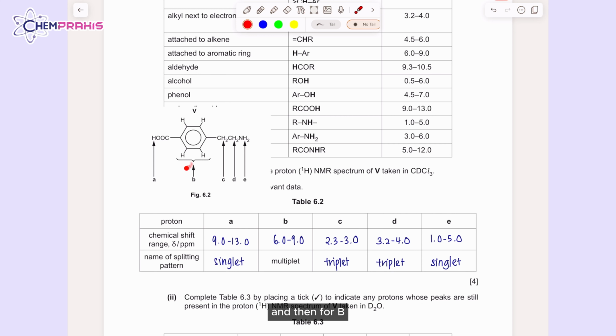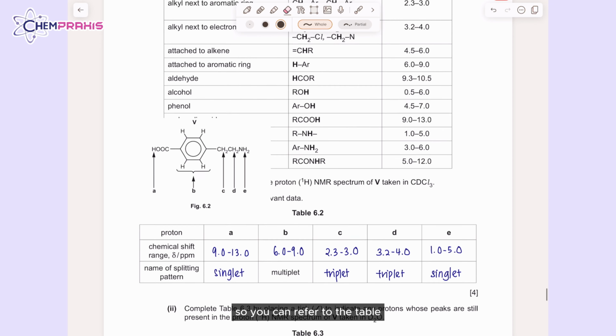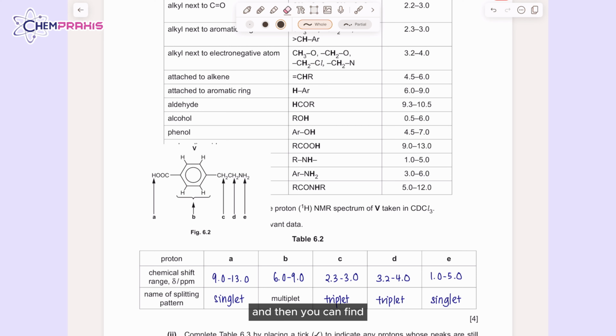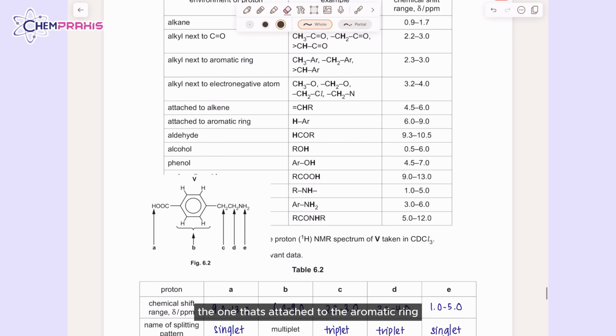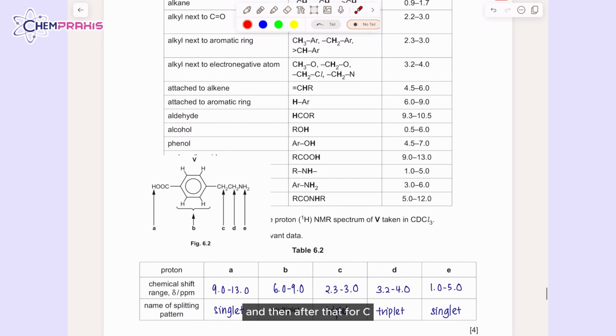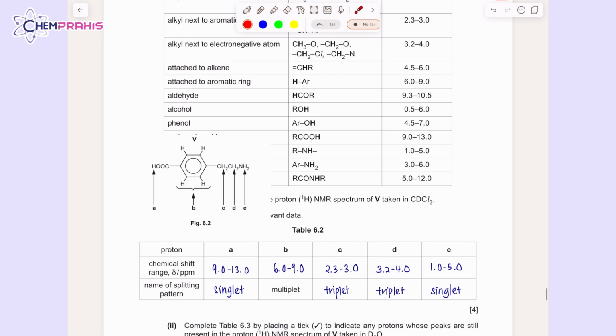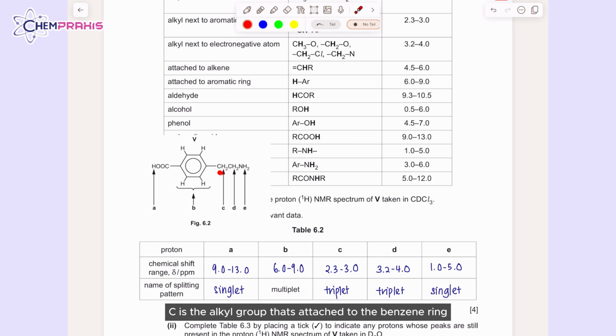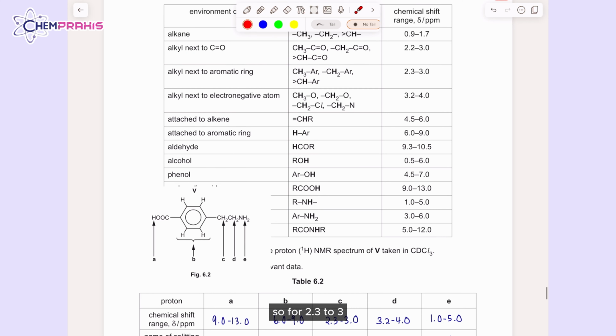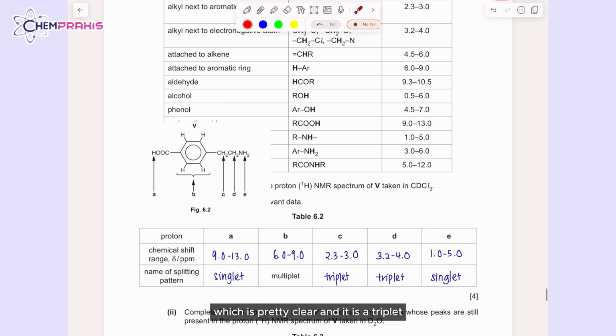And then for B, this is the hydrogen that is attached to benzene. So you can refer to the table, and then you can find the one that is attached to the aromatic ring, which is this. And then for C, C is the alkyl group that is attached to the benzene ring. So for 2.3 to 3, they're representing alkyl next to aromatic ring, which is pretty clear.